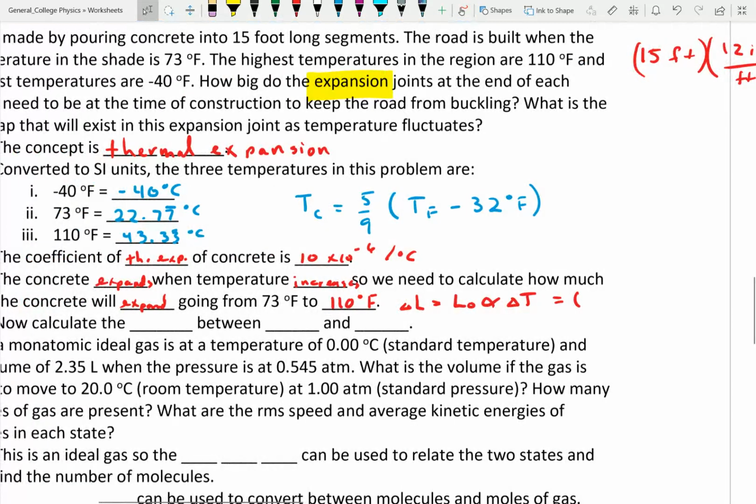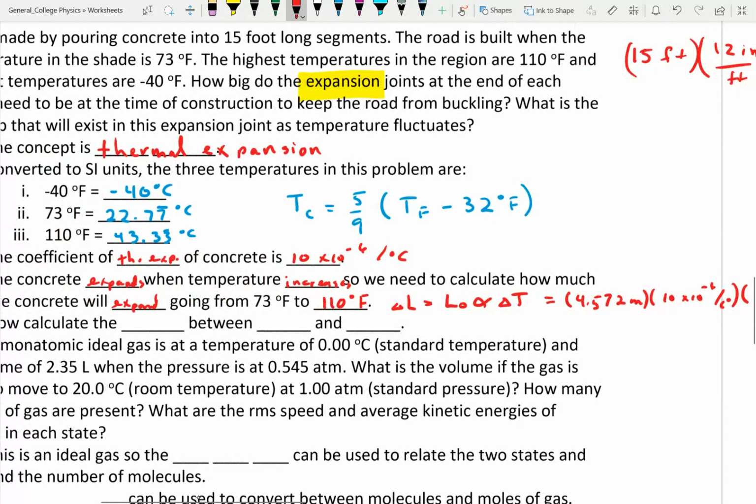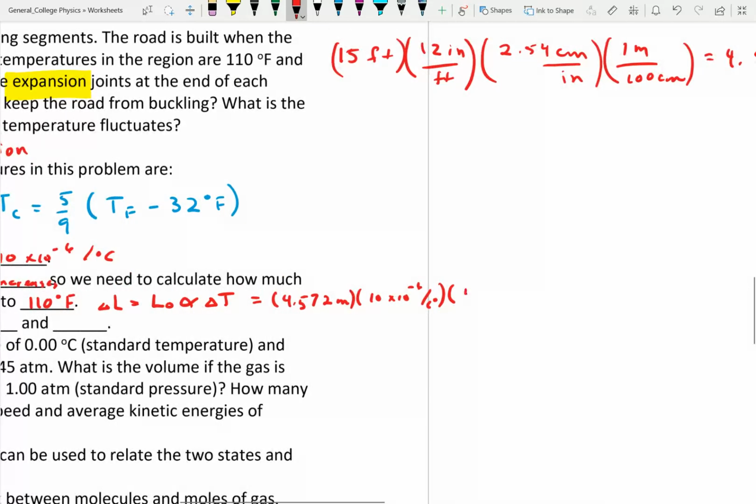And so my original length is 4.572 meters, times 10 times 10 to the minus 6 per Celsius degree, and then my change in temperature, which is going to be my 110 degrees Fahrenheit, except using Celsius, so 43.3 minus my 73 degrees, which is 22.77.